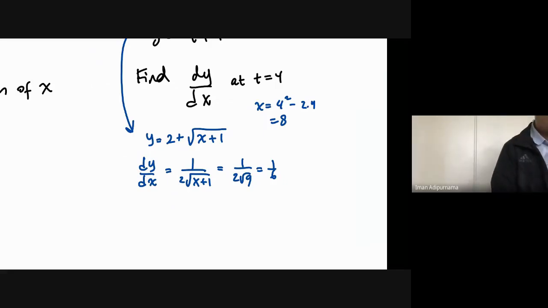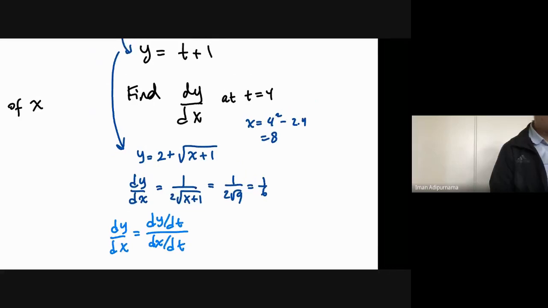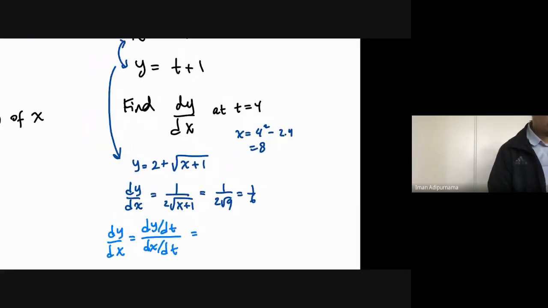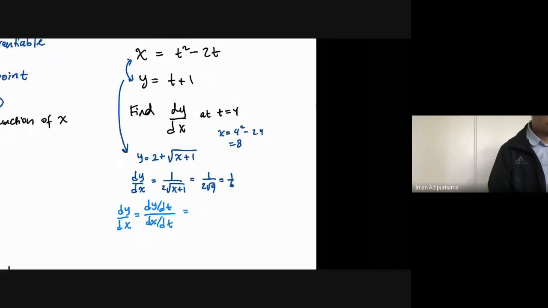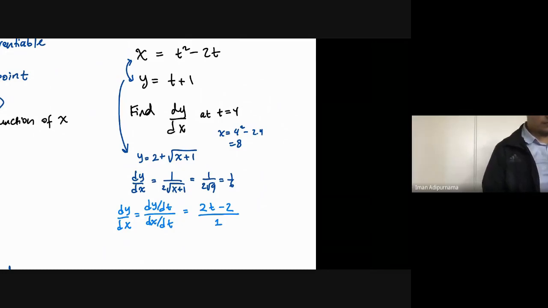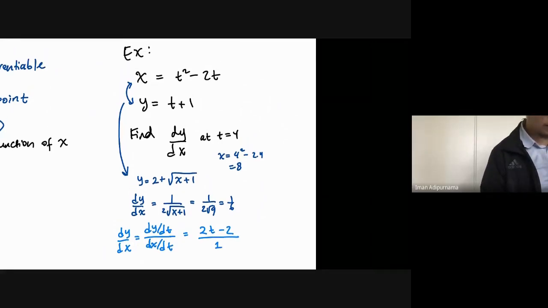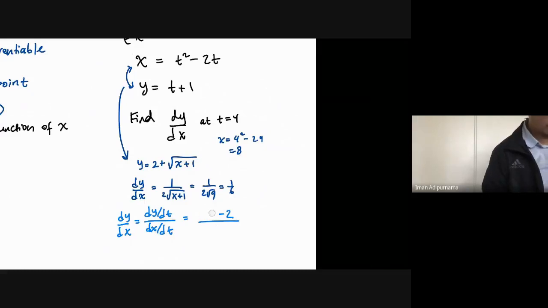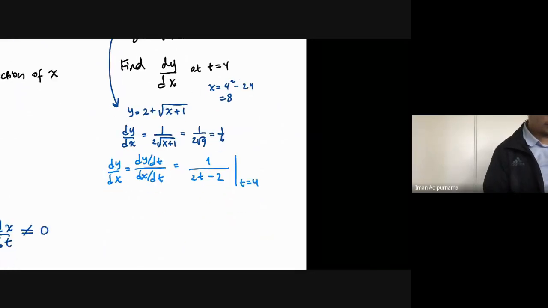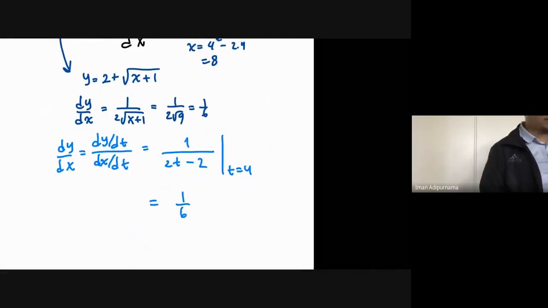Or we can use the other column, you can have dy over dx from the equations: it's 1 over 2t minus 2, and t is equal to 4. So it's 1/6. Same thing.